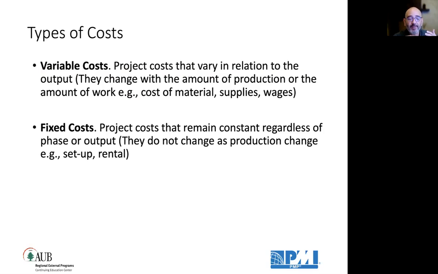Like the cost of material, supplies, wages, labor hours, etc. The fixed cost is any cost that will remain constant and we have to pay whether we worked and delivered something or not. Like for example rent, insurance, etc. Setup fees for the project office.